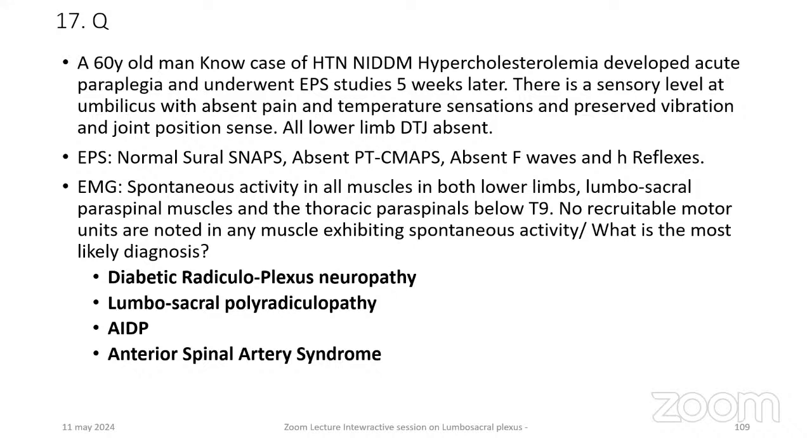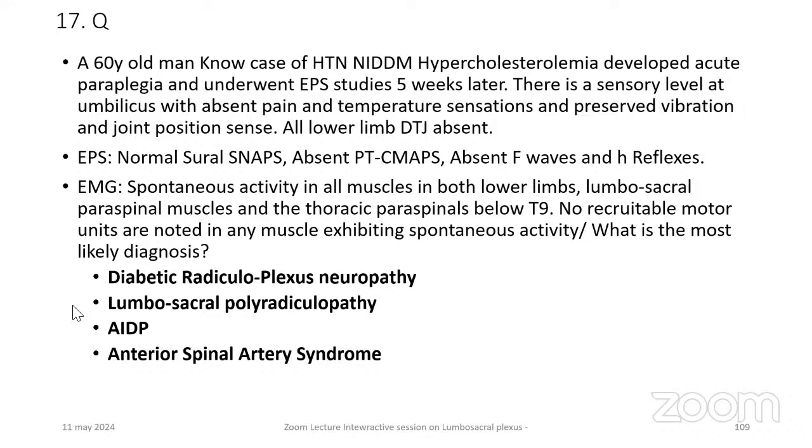Normal sural SNAPs, absent tibial CMAPs, absent F waves and H reflexes. Spontaneous activity in all muscles in both lower limbs, lumbosacral paraspinal muscles, and thoracic paraspinal muscles below T9. No recruitable motor units are noted in any muscle exhibiting spontaneous activity. What is the most likely diagnosis in this case?